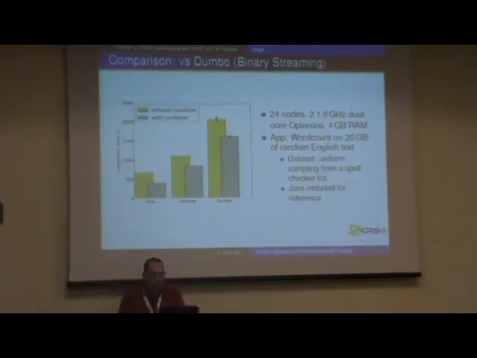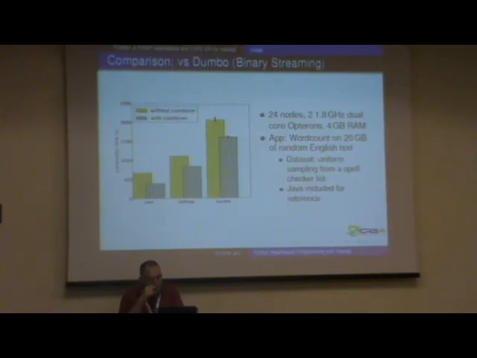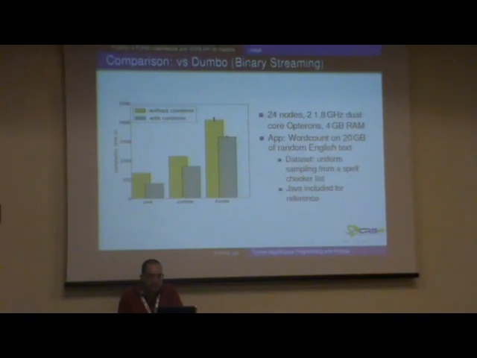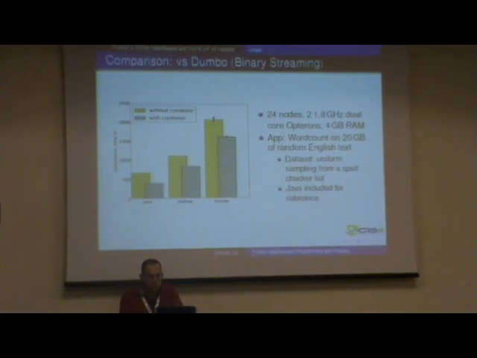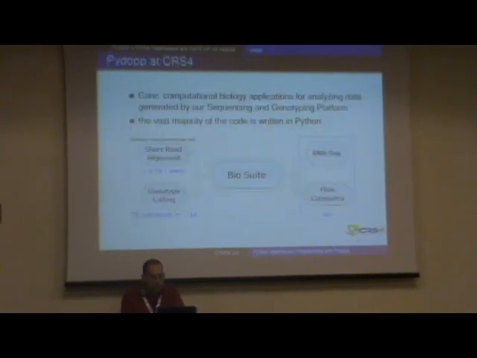But we found out that it's still slower than Pydoop in this case, probably because there is still more serialization overhead than in the Java and pipes case. Even though with binary serialization things get better, it's still slower, but not as much as with plain text streaming.